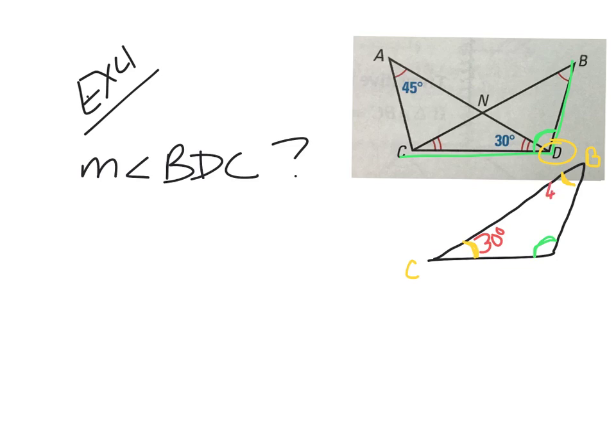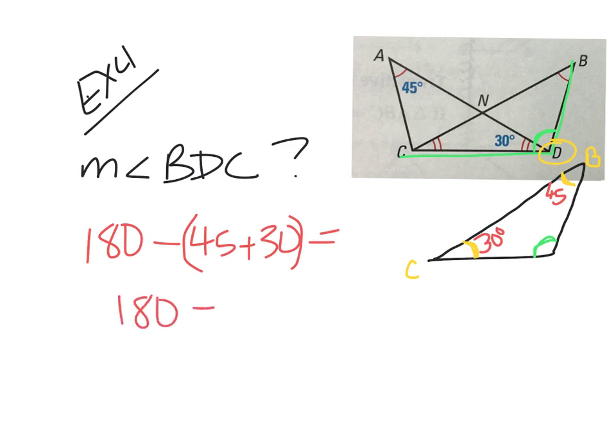So now can I find my third angle? Yeah, because I'm going to do 180 minus 45 minus 30. Or I could say 45 plus 30 and subtract them both. So that's 180 minus 75, right? Does that make it 105? Yeah, 180 minus 75 is 105.